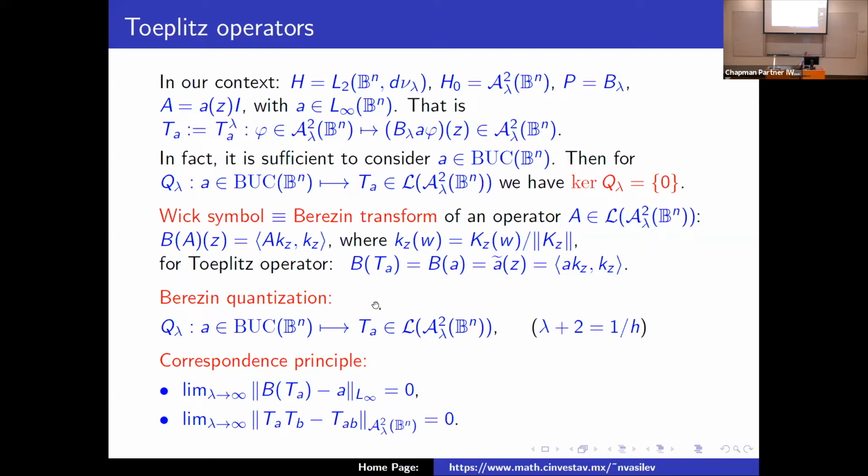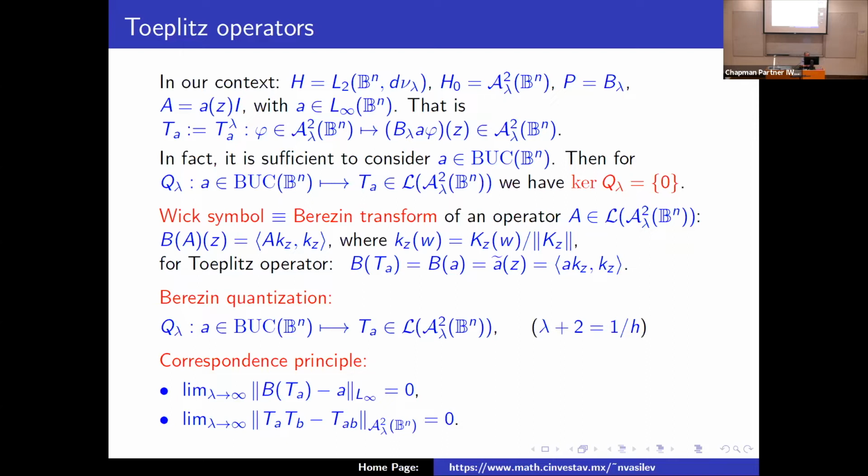The first statement of the correspondence principle is that the Berezin transform of a Toeplitz operator is uniformly approached to the initial symbol when lambda tends to infinity. This converges in L infinity. What is very important is that association to a function A of a Toeplitz operator is like a one-way road.